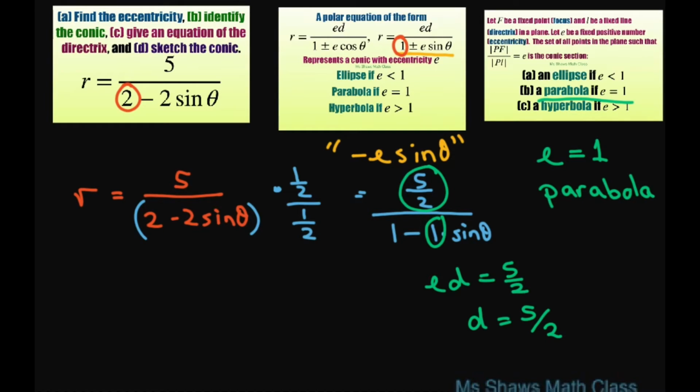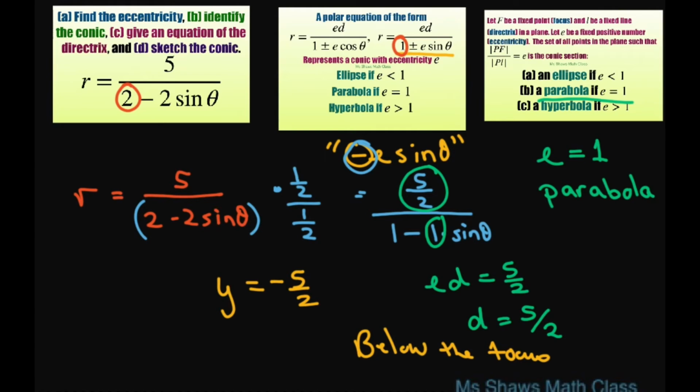Therefore, since we have negative, for my directrix my equation is going to be y equals negative 5/2. That means the directrix is below the focus at the origin, and that's because of this negative here.